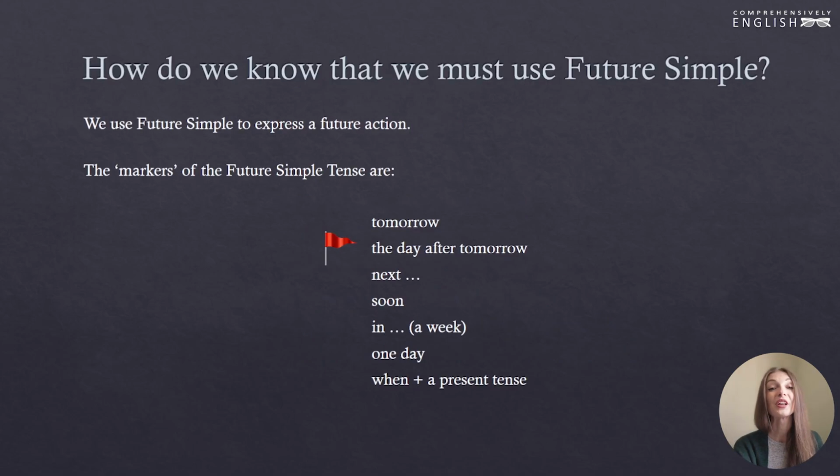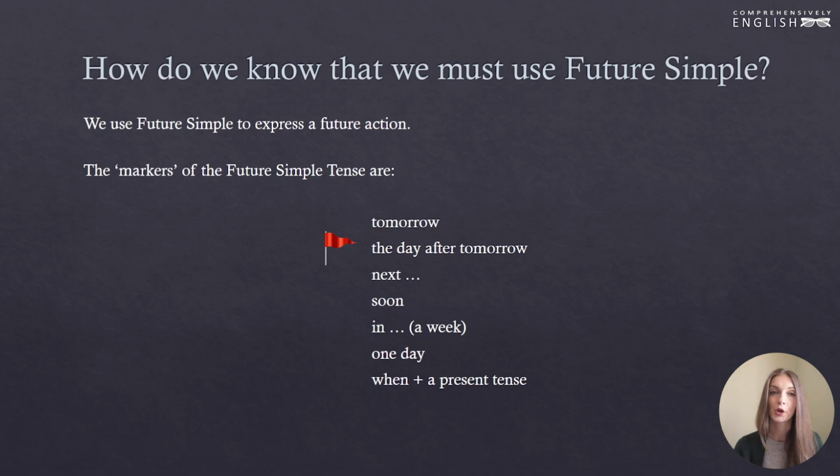How do we know that we need to use the future simple tense? Well, we use the future simple tense to express a future action. It's a simple tense or indefinite tense. So the actions and things that it expresses are indefinite, undecided.